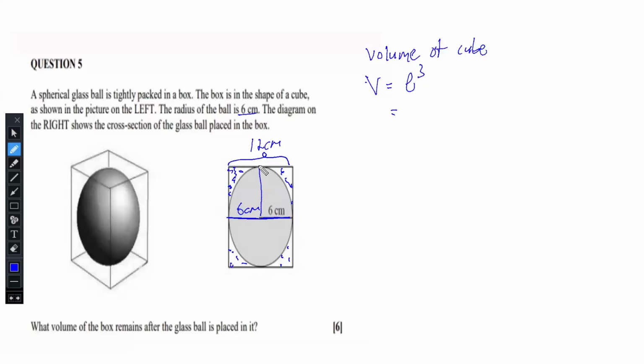Also here, this is the radius, 6 centimeters, and also here 6 centimeters, meaning also here this is 12 centimeters. But we know the volume of the cube to be length cubed, so that means 12 cubed, right? And then when you punch 12 cubed in your calculator, you get 1,728 centimeters cubed. This is the volume of the cube.